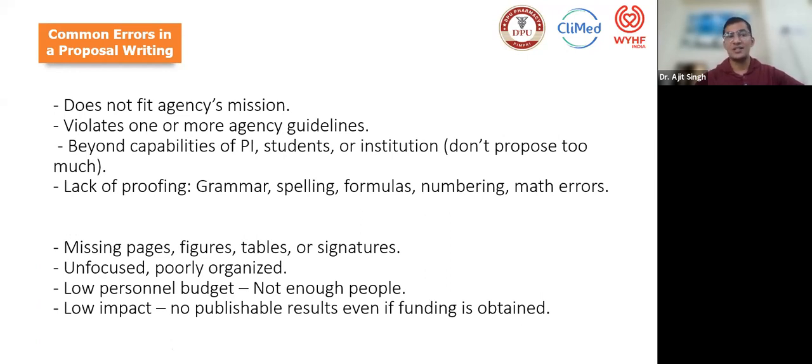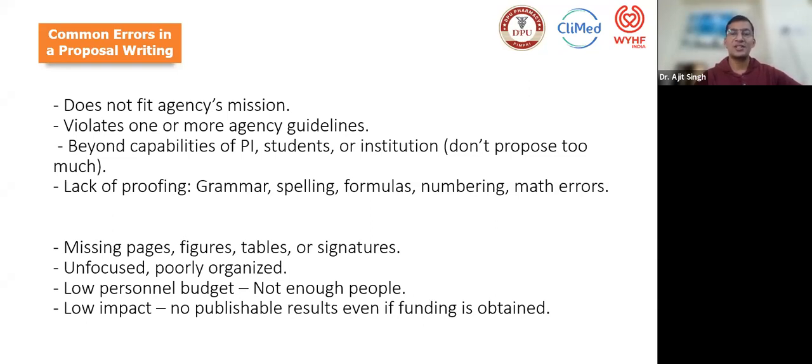Sometimes we go ahead, as I'm telling, people are so excited to get the grants, to get the funds. They feel like, okay, I'm 70% aligning with the agency's mission, so let's apply. No, if you are not 100% aligning with the mission of the agency, then it is going to get rejected and you are just wasting your time.